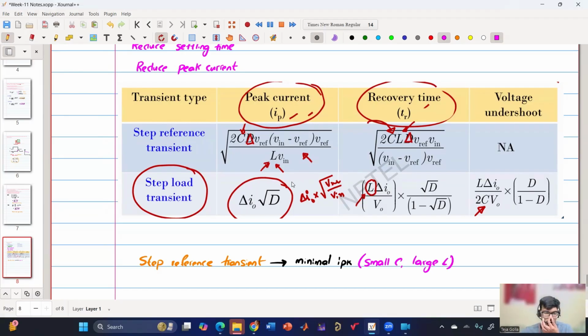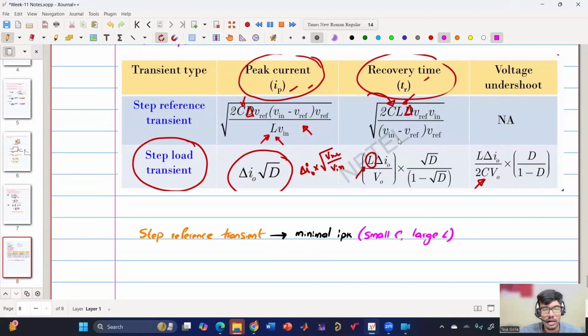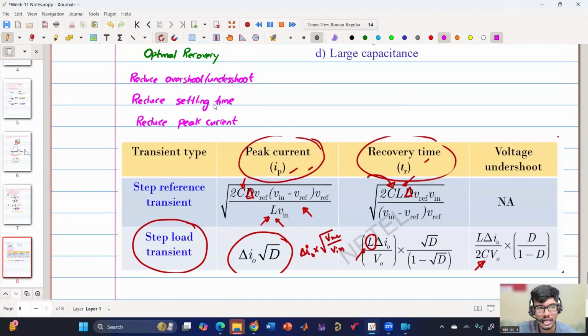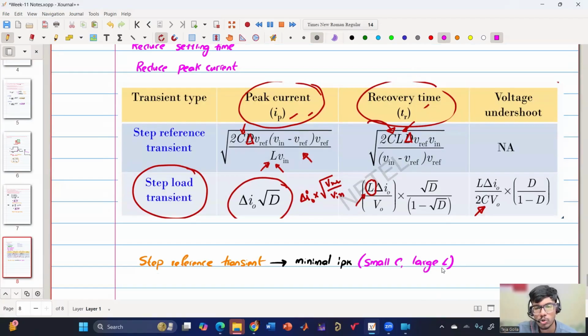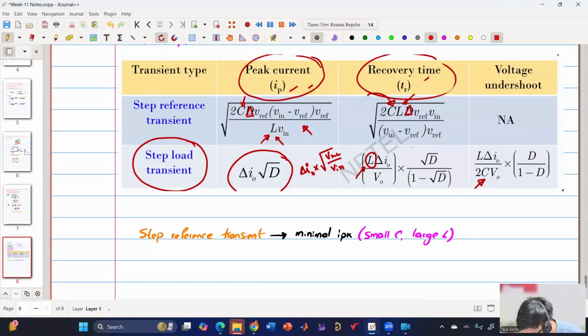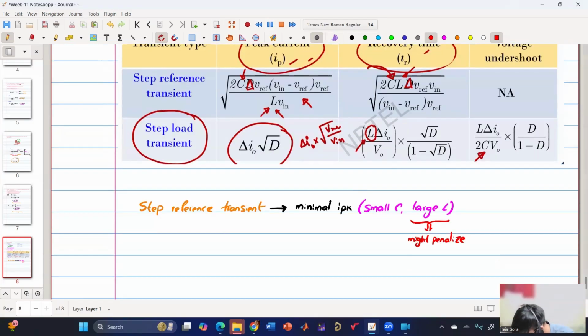But if I consider too much large inductance, then the recovery time will be penalized, right? Small capacitance will lead to less recovery time. Recovery time, or the settling time, should be small. But if we consider too large an inductance, it can penalize the recovery time.